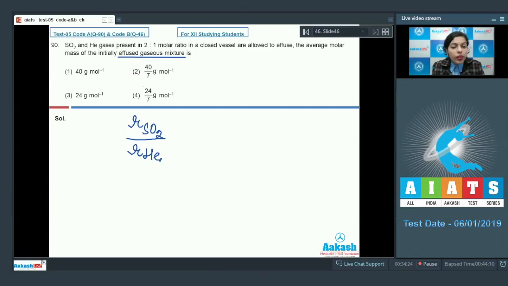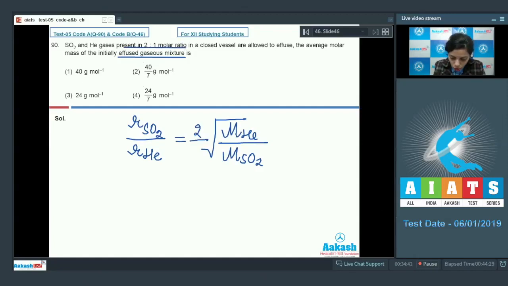the rate of effusion of helium, that should be equal to the root of molar mass of helium upon the molar mass of SO2. But we have taken these gases in 2:1 molar ratio, so that will also affect this, and it would become 2 by 1 because the ratio was 2:1.